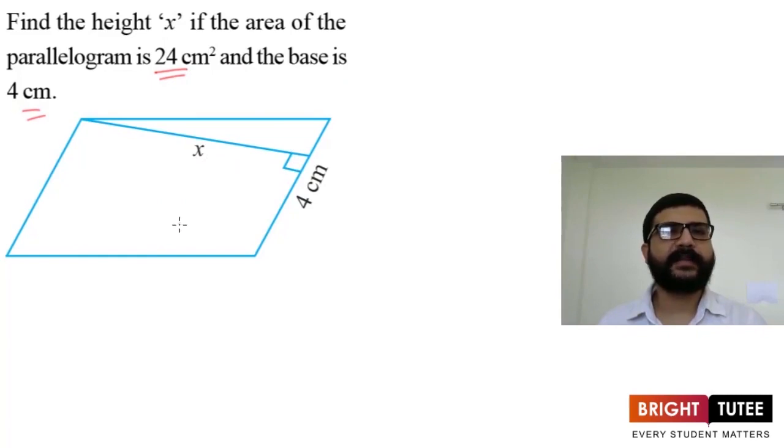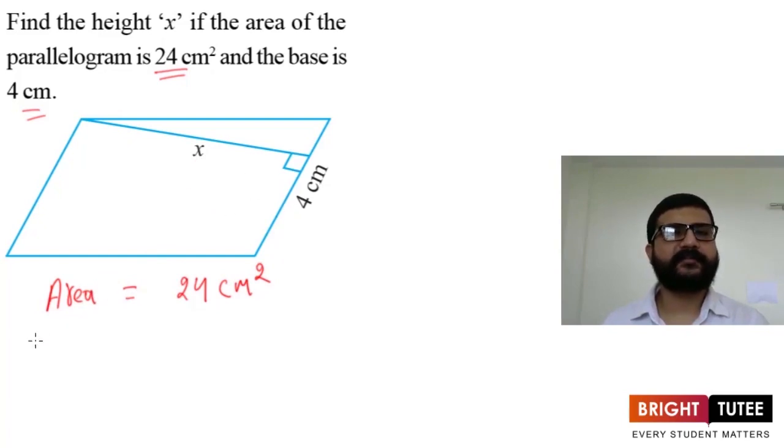Now how to find value of x? As we know, area is already given to us. Area is 24 square centimeters. Now we have to find height x, and we know area is equal to base into height. So it means it will be 4 into x, or we can say 4x. So now we are having 4x is equal to 24.